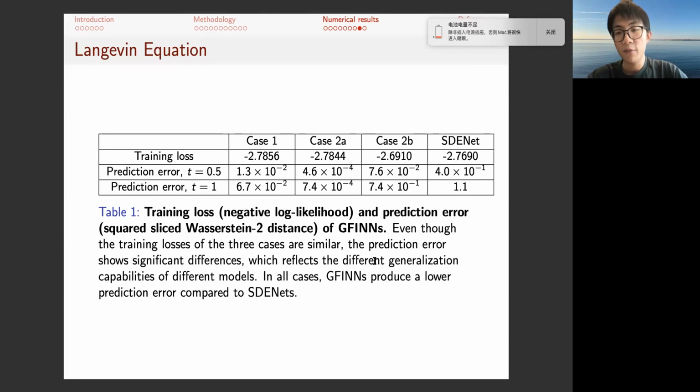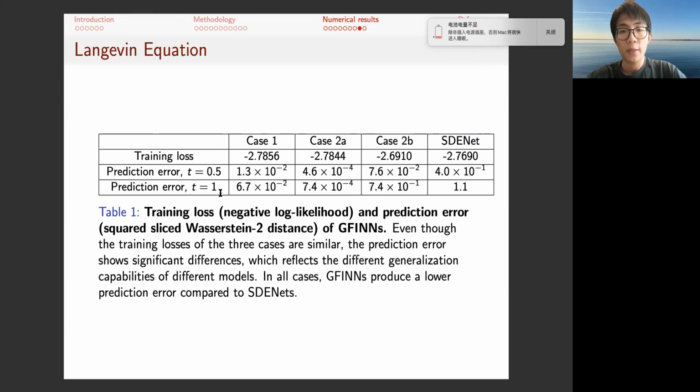By incorporating physics knowledge into the neural network, we see that even though the training loss is similar in all 3 cases of our method and the data-driven method, there is a very big difference in the prediction error. Our method can achieve a better result than SDE-Net because we incorporate more physics knowledge.